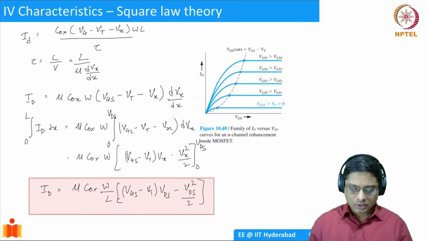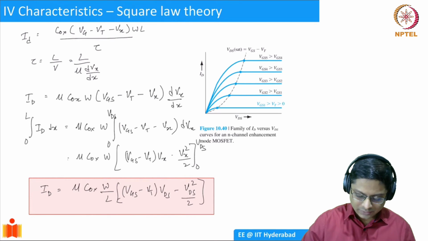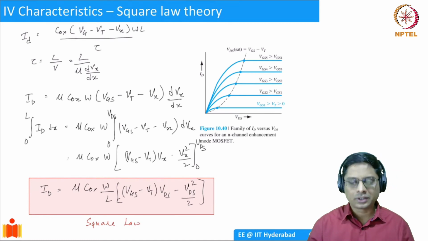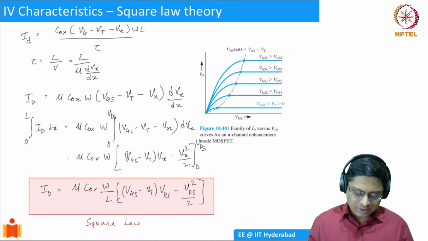Okay, so this is the square law current, the square law theory we say. What it tells you is current varies as the square of voltage. There's a small correction here.